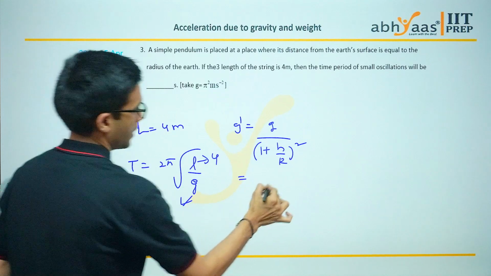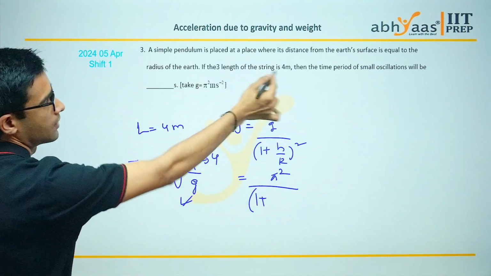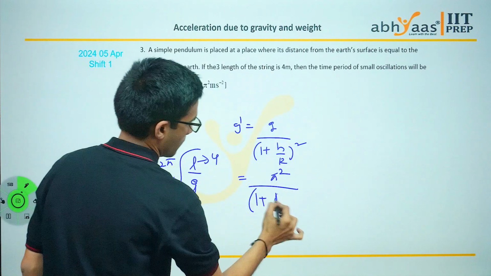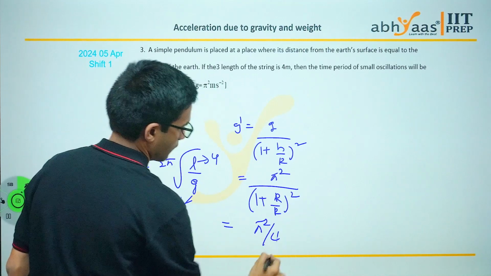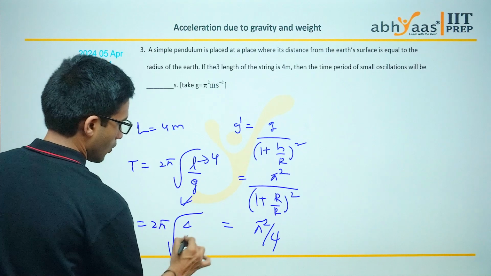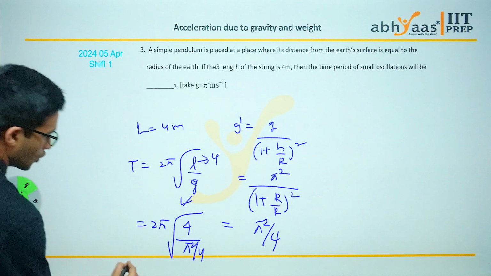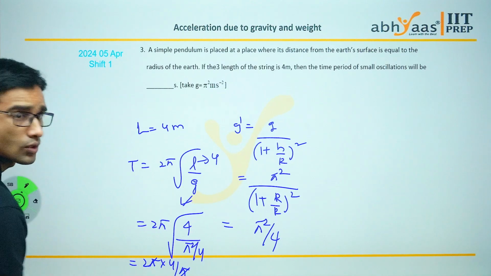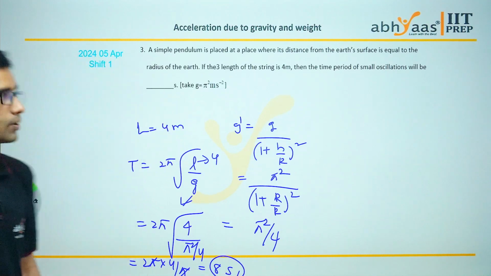So that is pi square by (1 plus h by R) square, where h is the distance from the earth surface, the radius of earth, so R by R, that is pi square by 4. So T equals 2 pi into root of 4 by (pi square by 4). Going to the top, 2 pi into 4 by pi get cancelled, you will get the value 8 seconds. So it's very simple.